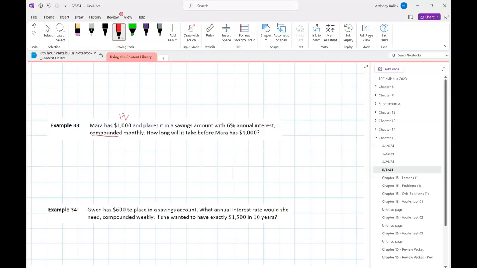Yeah, that's the PV. And the 6% interest is the R. What does monthly tell us? K is 12. How long? That means T. And then have 4,000. Well, that's going to be our future value, right? So we write our equation.